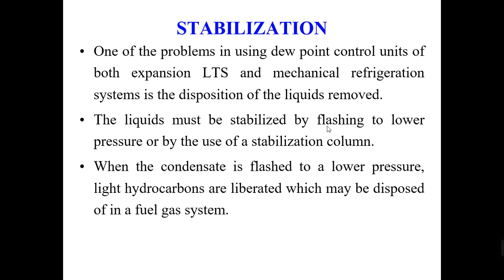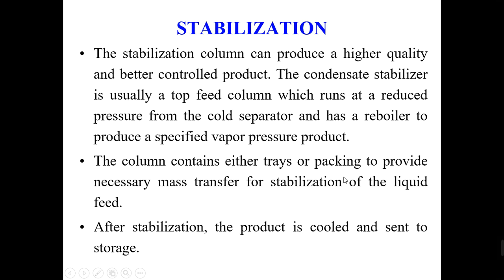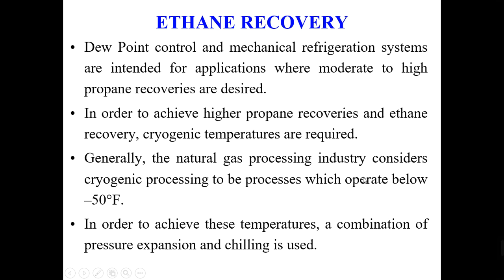So liquid must be stabilized by flashing to lower pressure or use of the stabilization column, and this will increase the efficiency of the system. The stabilization column can produce a high quality and better controlled product. After stabilization, the product is cooled and sent to storage and so on.